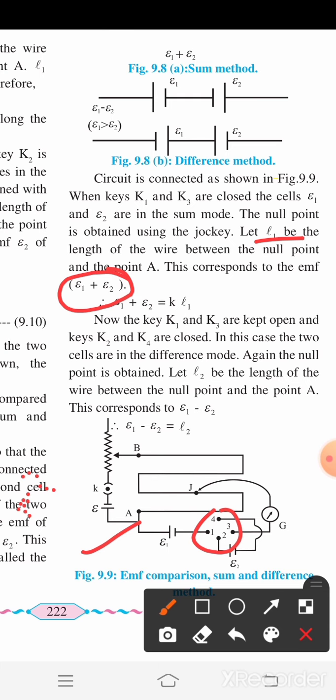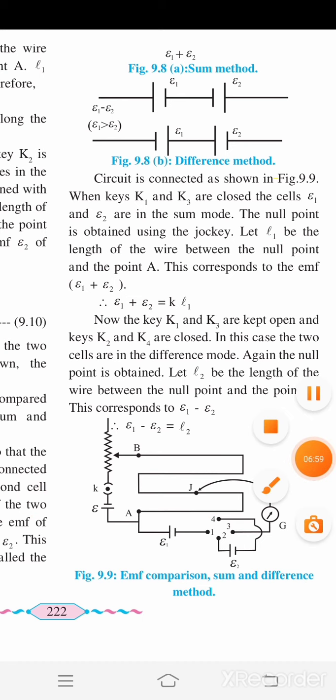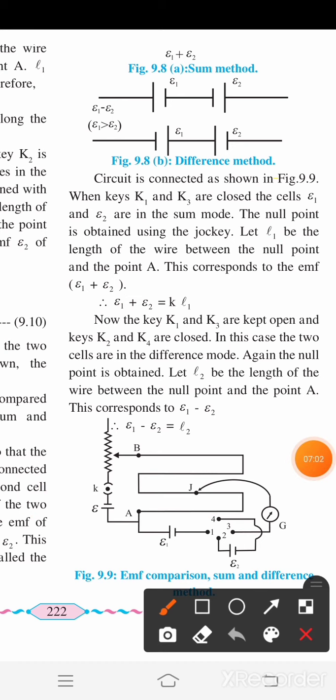So by the principle of potentiometer, E1 plus E2 is equal to K L1, where K is the potential gradient and L1 is the balancing length or null length. E1 plus E2 is the effective EMF using the sum mode.